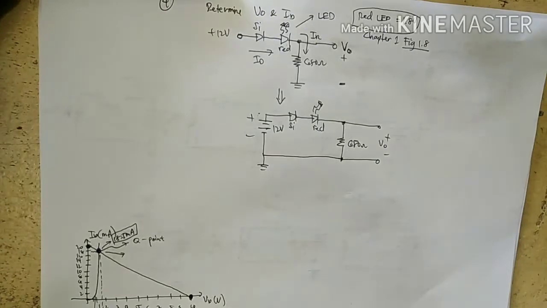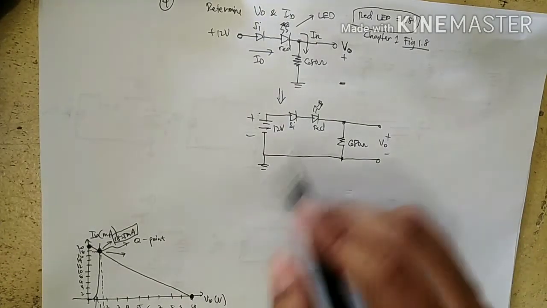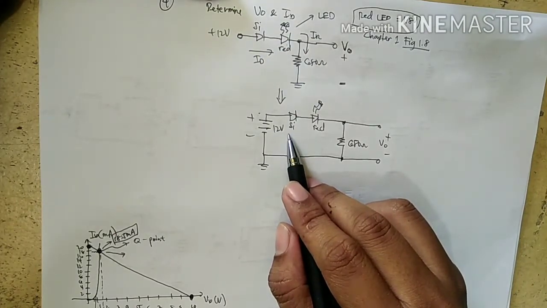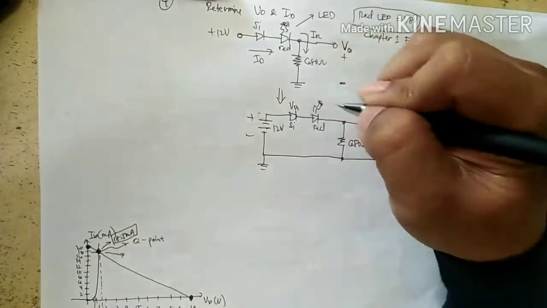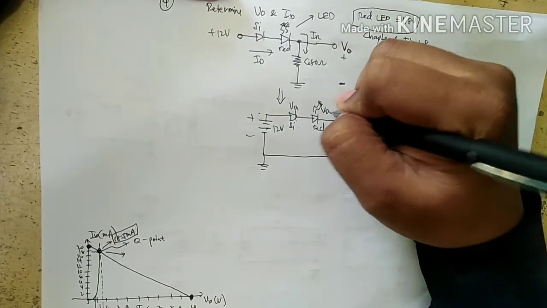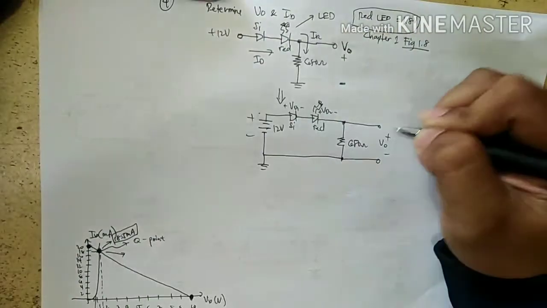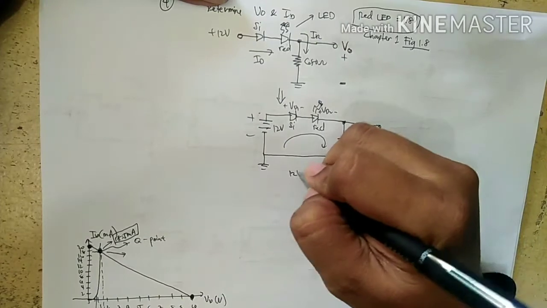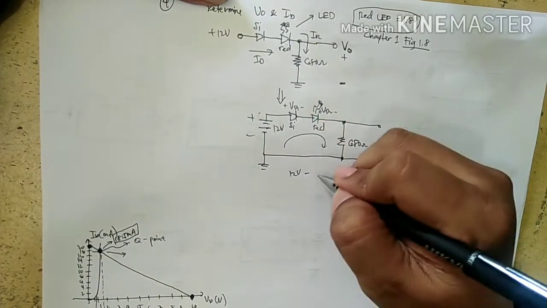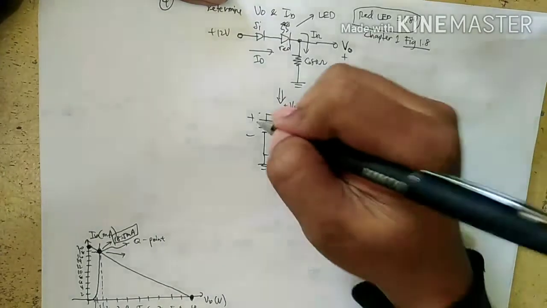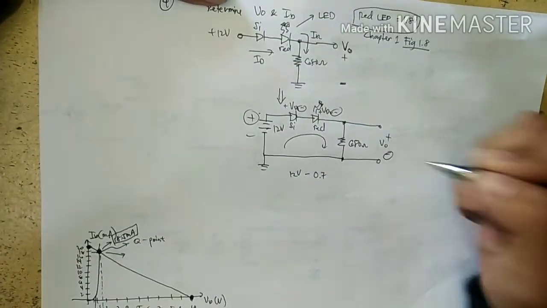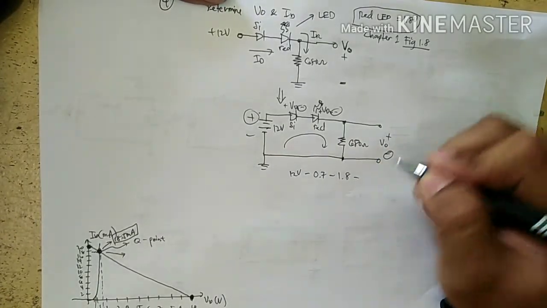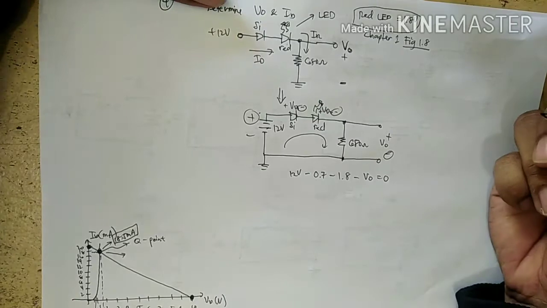So it is 12 volts, and this one is silicon. Let's name this one VD1 and this one VD2, with plus and minus. Using KVL, the current is dropping. Therefore, 12 volts minus 0.7 minus 1.8 minus Vout equals 0.